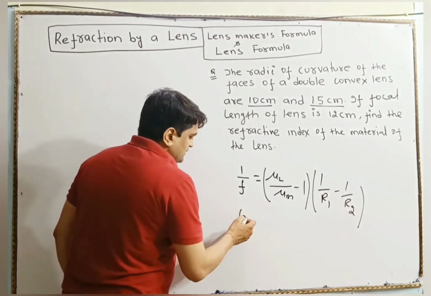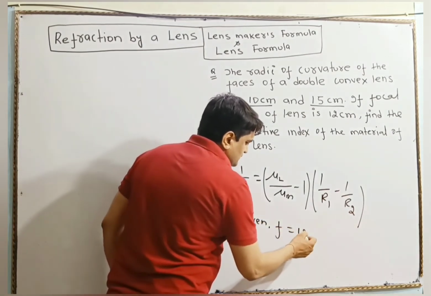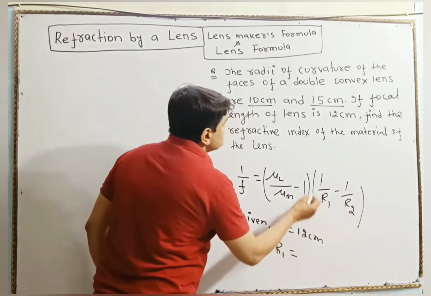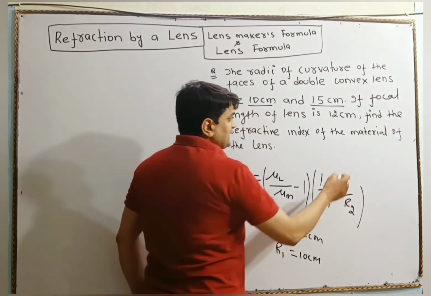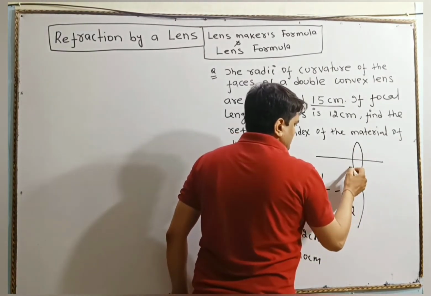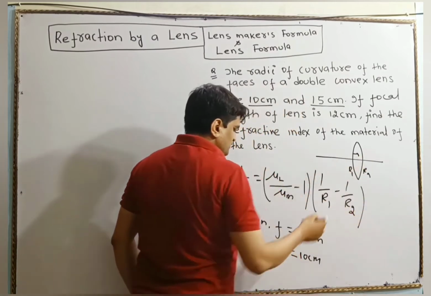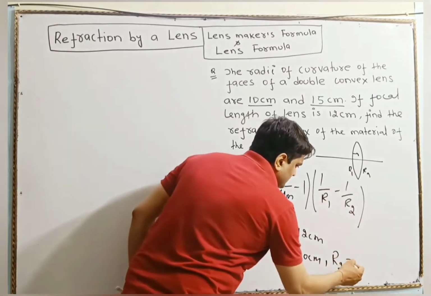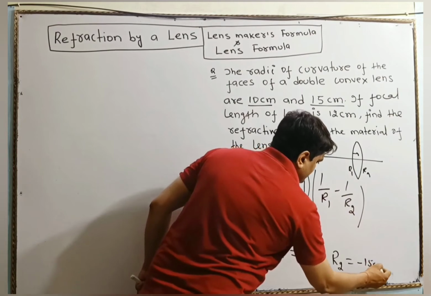Now the focal length is given, it is 12 centimeter. R1 is given, it is 10 centimeter. And the lens is like this: this is R1, this is R2. R1 will be positive and R2 will be negative because it is on the left side, so R2 will be minus 15 centimeter.